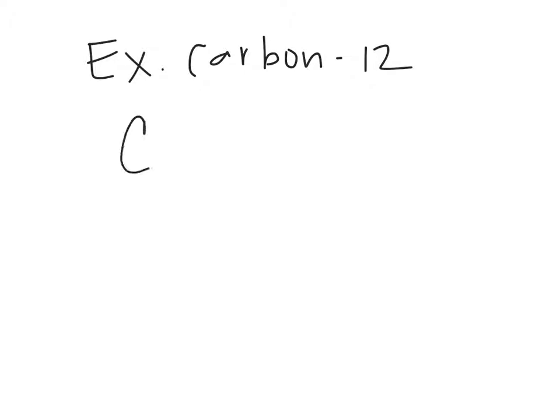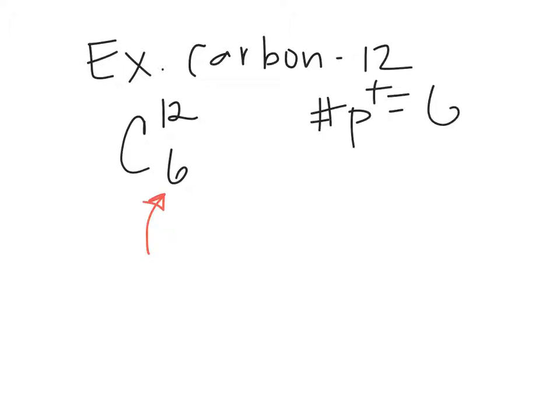So let's do an example. Let's go to our carbon-12 that we were working with in the last lecture video. So carbon-12's chemical symbol looks like this. So from this information, we can use the atomic number Z to get the number of protons. So that's equal to 6.